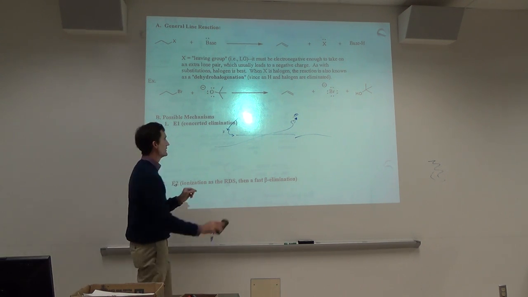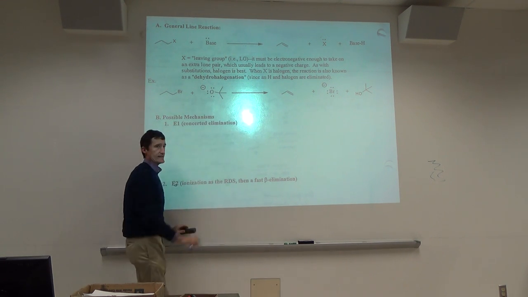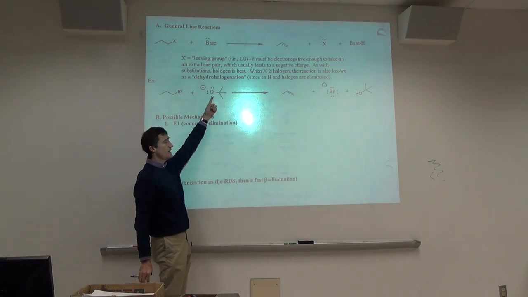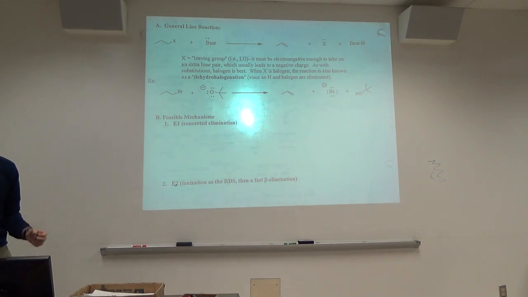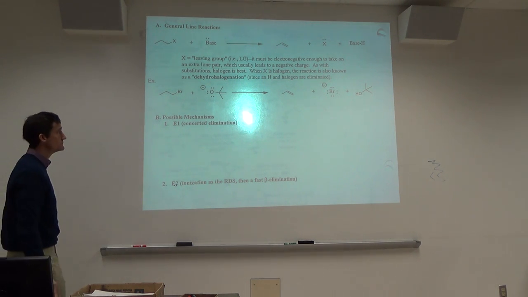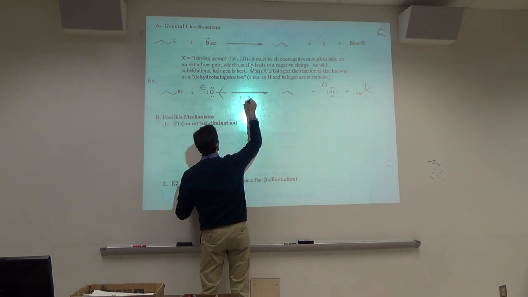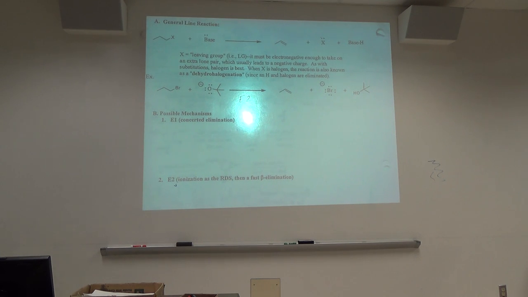E2 meaning bimolecular. The base/nucleophile is strong. If you have a strong base/nucleophile, they're bullies. They're going to stick their nose in there and be involved in the rate determining step. The example reaction is an E2 elimination. Concerted beta elimination.